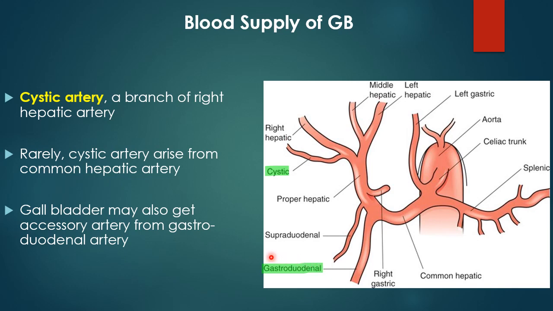In a small percentage of patients, an accessory branch is also given from the gastroduodenal artery, which also supplies the gallbladder. It is important to recognize this artery, otherwise it may cause troublesome bleeding during cholecystectomy.